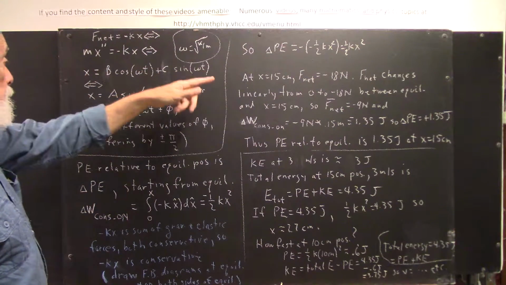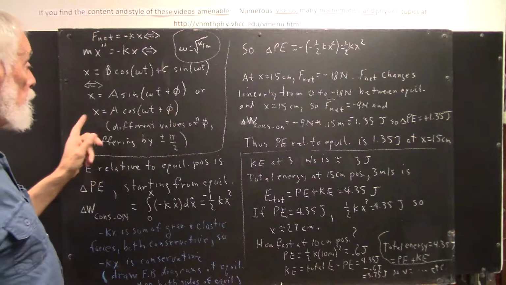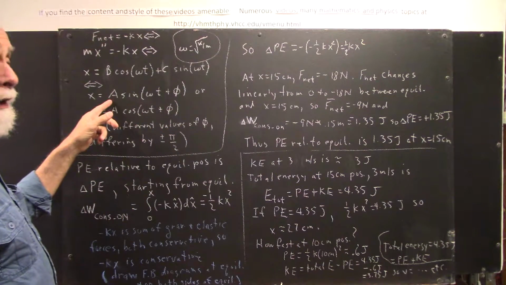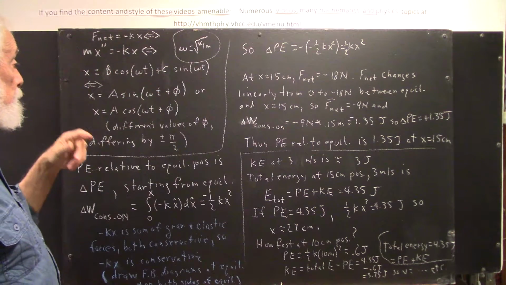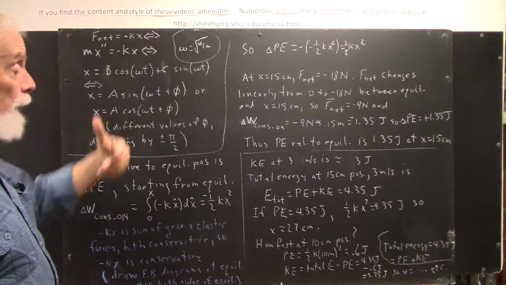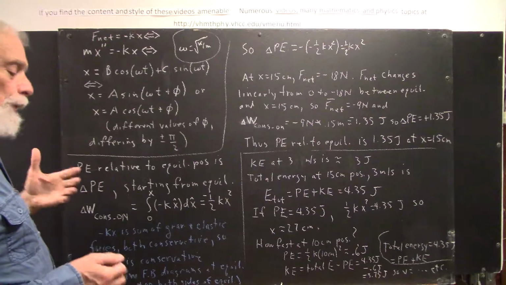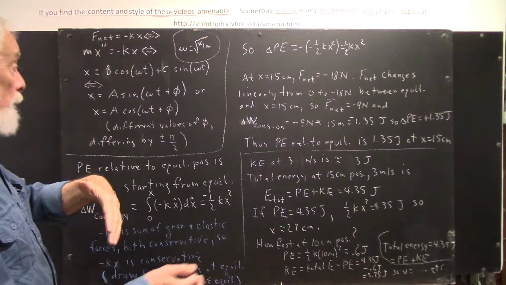Now that position function is equivalent to this position function or this position function, where a depends on the values of b and c, and phi depends on the values of b and c in a way that's just simple high school trigonometry. The cosine or the sine of a sum of two angles is what?